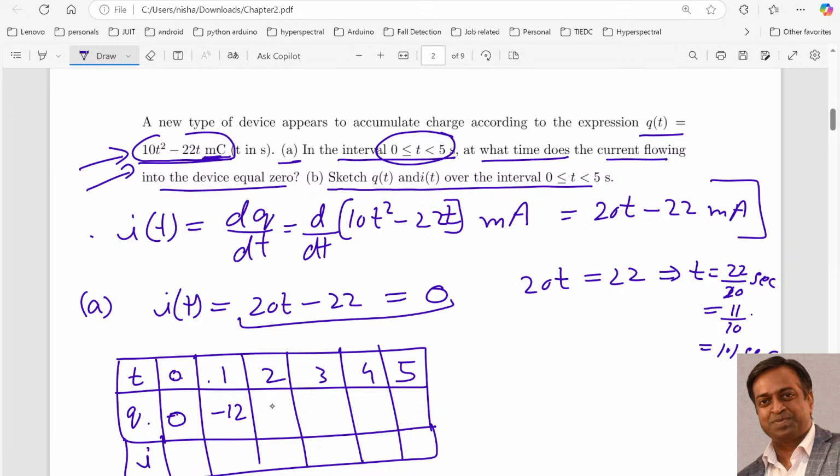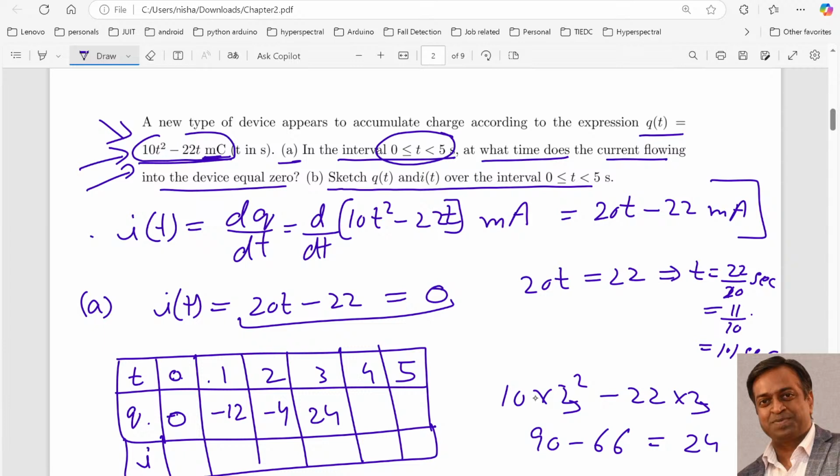Then for t equals 2, I will get 10 into 2 squared minus 22 into 2, which is 40 minus 44, so it is minus 4, right? After that, when it is 3, 3 squared, we get 90 minus 66, and we get 24.